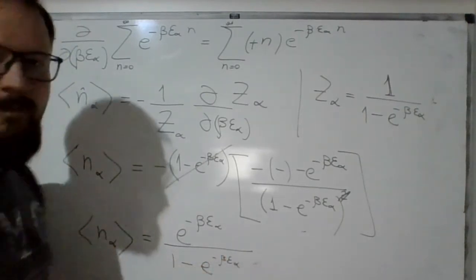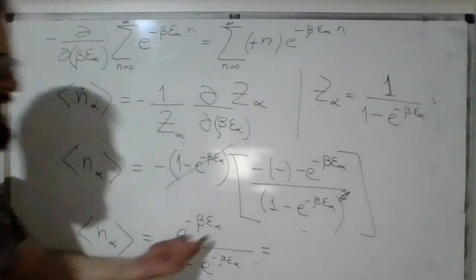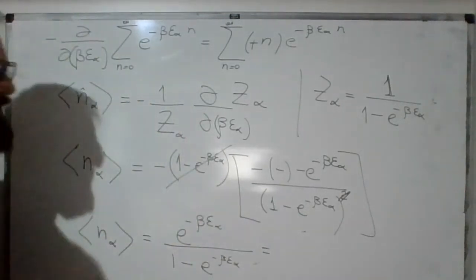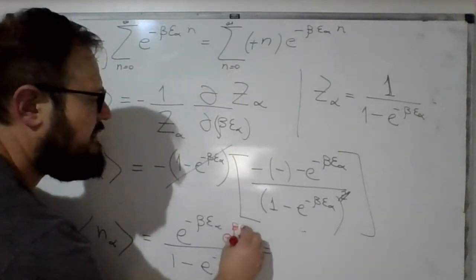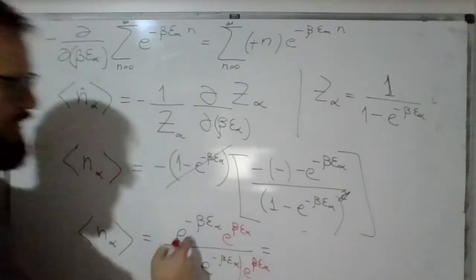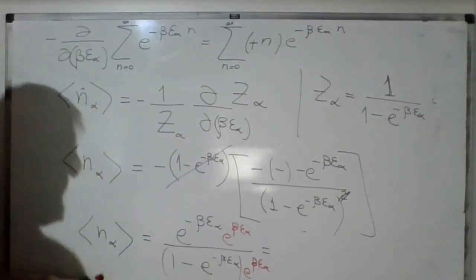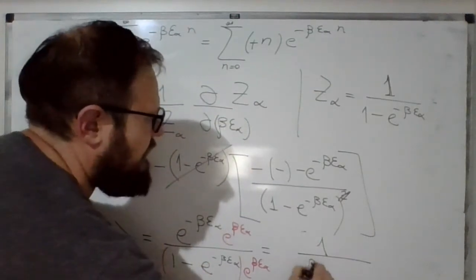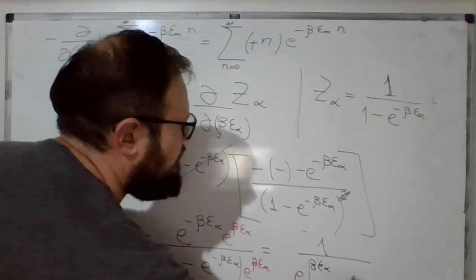And now we can multiply the numerator and the denominator by e to the beta e alpha, which just produces 1 over e to the beta e alpha minus 1.